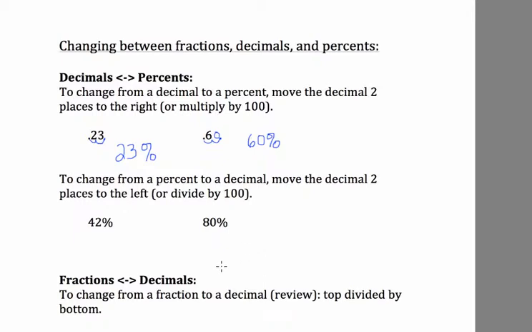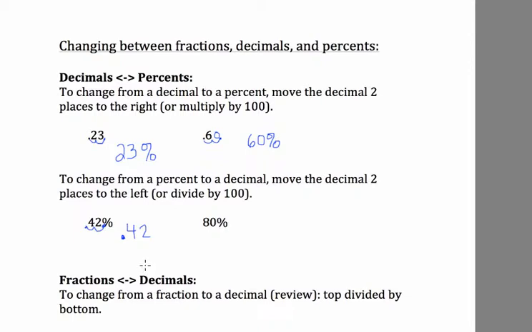To go the other way, to change from a percent to a decimal, move the decimal places 2 places to the left, or divide by 100. So for example, 42%, the decimal point is currently right there. We want to move it 2 places left. Boom, boom. 42% is 0.42. You might ask, why do we have to do this?